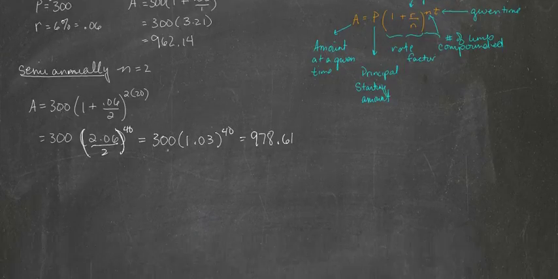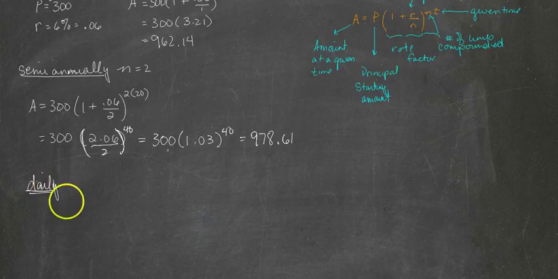Let's look at daily. So for daily compounding, that means n equals 365 and a quarter, but we'll stick with the 365.